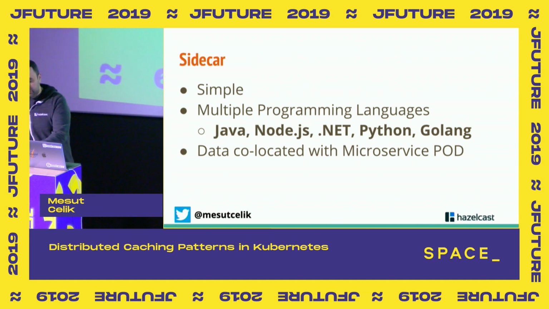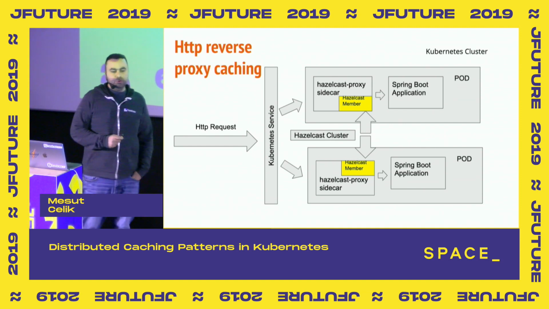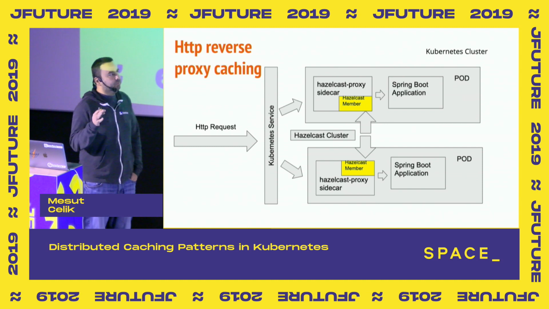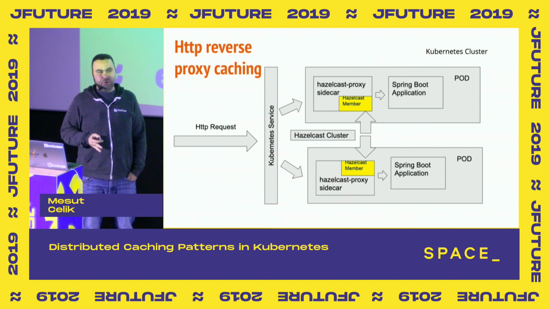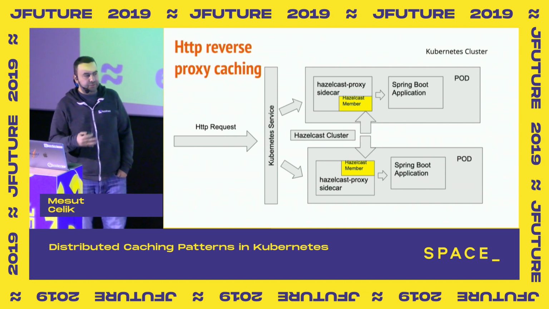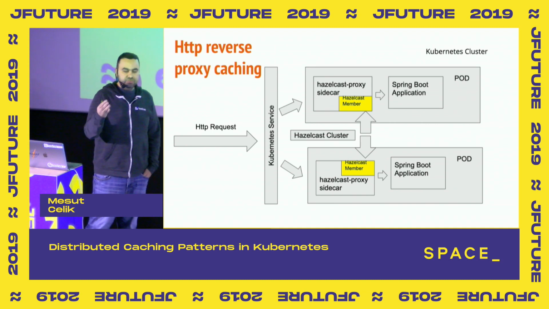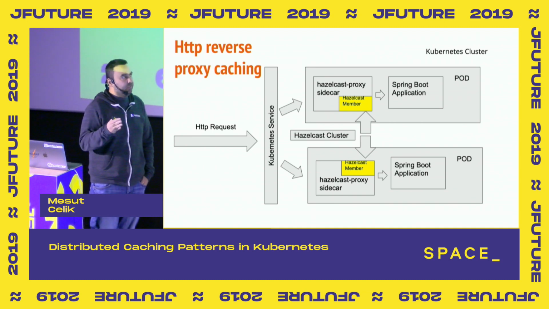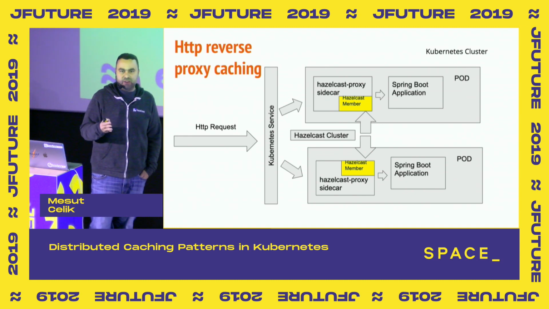Okay, so the next one is HTTP reverse proxy caching. This is something we don't have, but you can implement internally inside your company also. So in this case, your microservice does not have to know anything about caching, does not have to have any caching API inside.